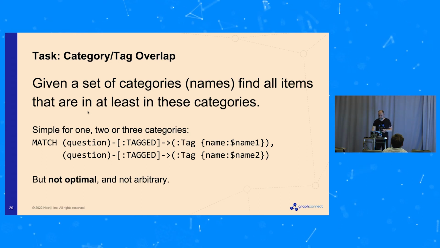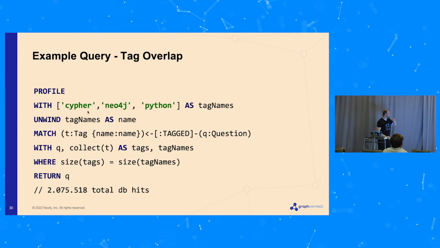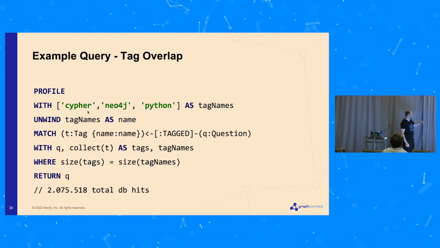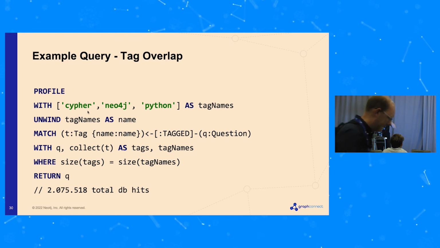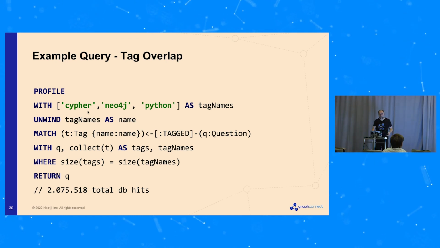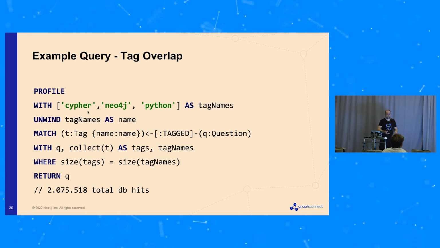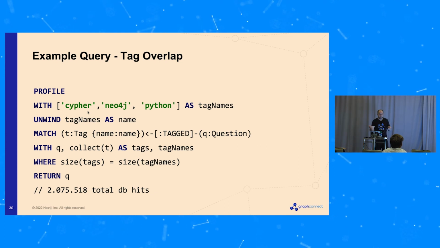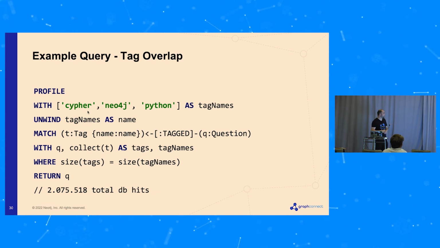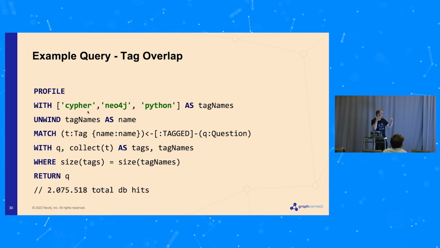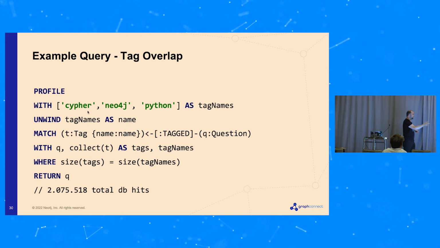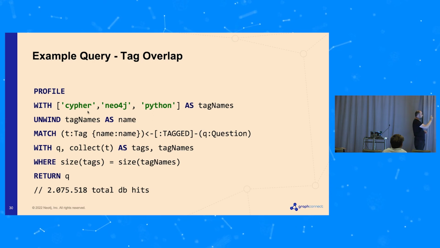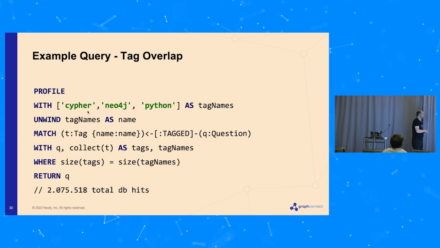So you can write a Cypher statement for this, like this one, which takes like 2 million dB hits to run, because it executes first the lookup and then an aggregation, allocates quite a lot of memory, and then returns the results based on the equivalence between the tags that a question has and the passed in tag names.